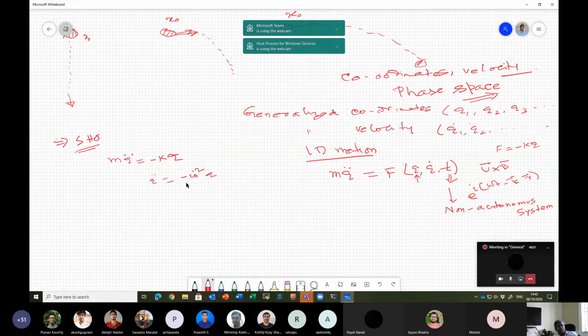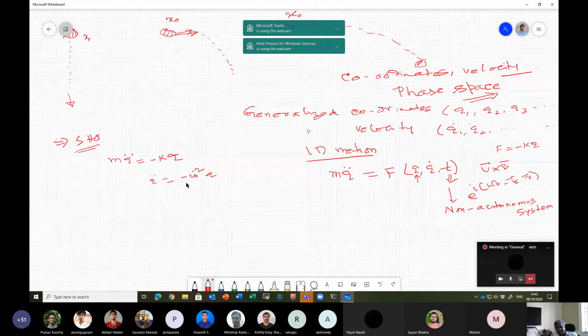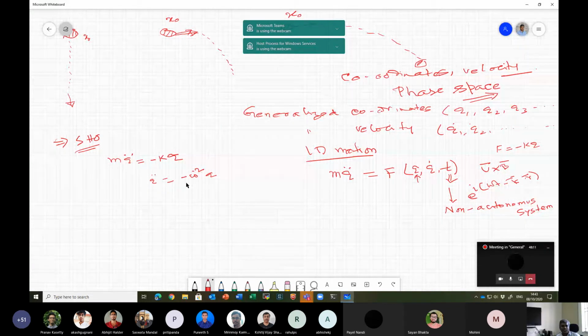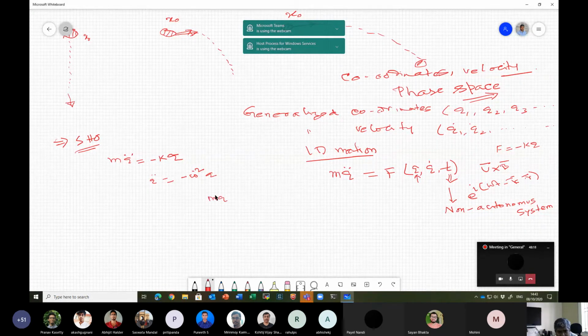Now, what is so important about this simple harmonic oscillator, or the force associated with it? It's that this force, m q double dot, is equal to the force that we have on the right hand side.